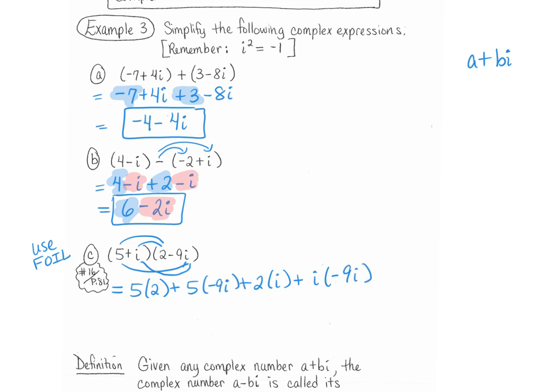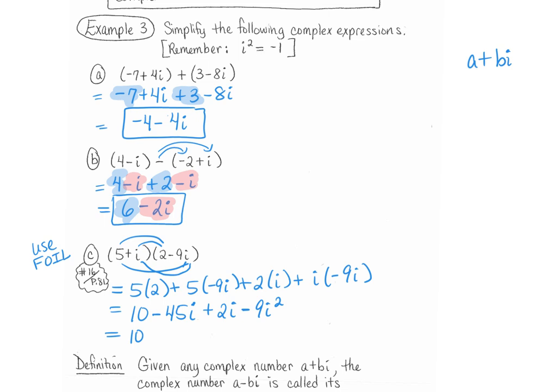Good. So now we simplify. We get 10 minus what? It's 5 times negative 9, negative 45. I just need you all to talk a little louder. It's hard to hear up here. Plus what? Minus 9i squared. Now we know i squared is negative 1.